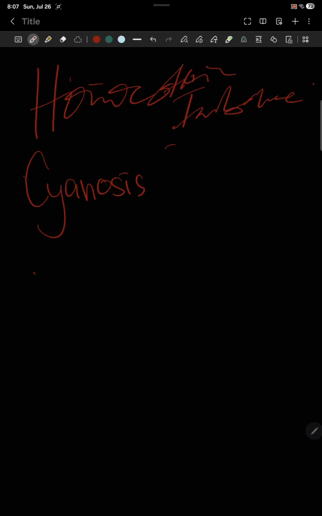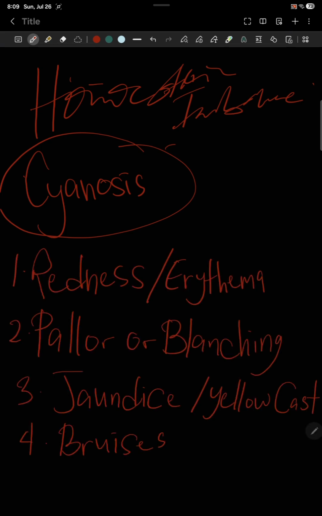So we have here the cyanosis. Si cyanosis, mao siyang nag-influence sa atong skin color based sa atong emotion. So these are the homeostatic imbalances that cause color changes, no, based on our emotions.